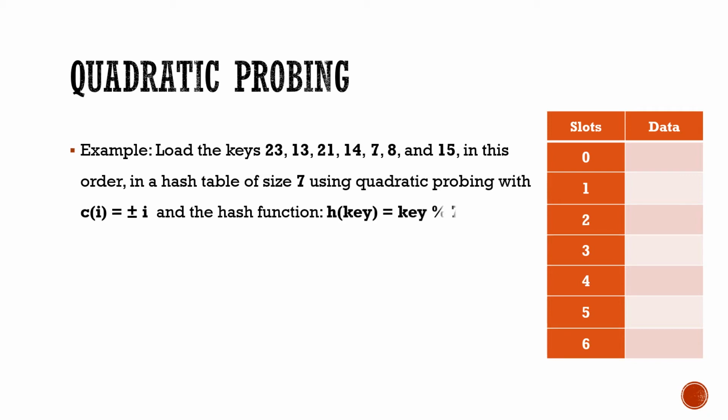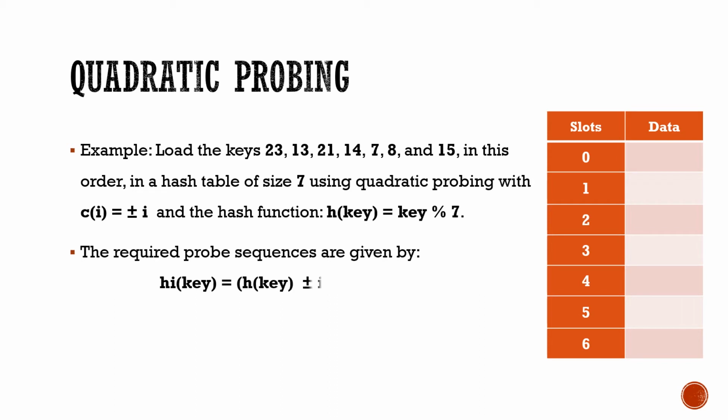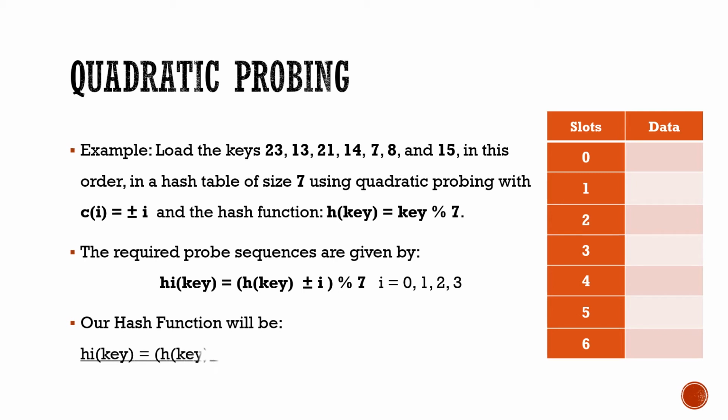The required probe sequence is given by h_i of k equals h of k positive negative i squared modulo 7, where i equals 0, 1, negative 1, 2, negative 2.